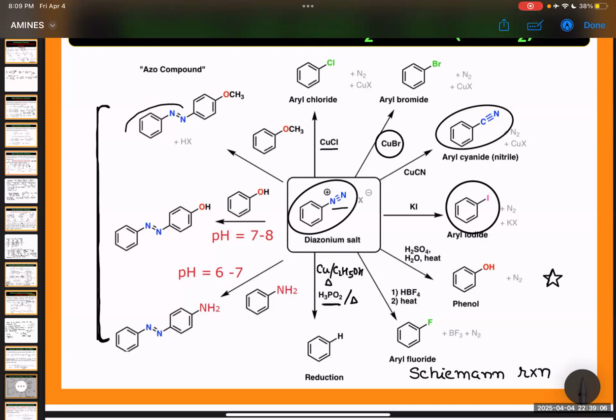So this diazonium will get attached to the para position. You can see the para position with respect to phenol, and the para position with respect to aniline. The only difference is that in phenol you take a slightly basic medium. Why do you take a basic medium in phenol?